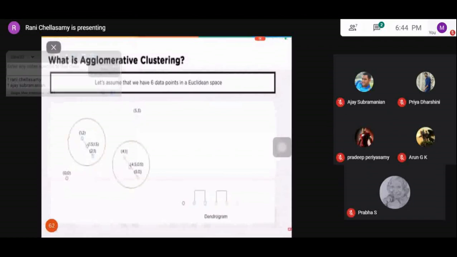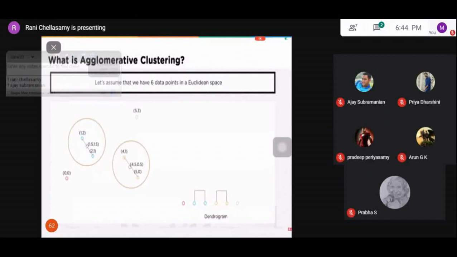Here, you can form another cluster with 4, 1 and 5, 0, by finding the centroid 4.5, 0.5.